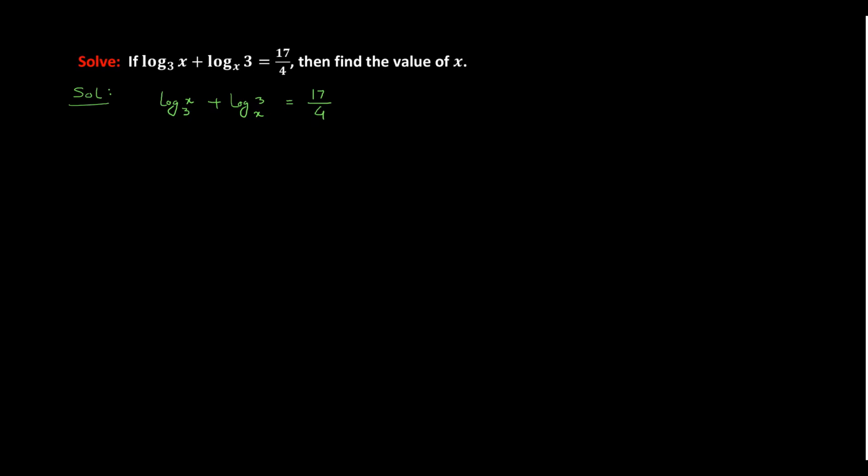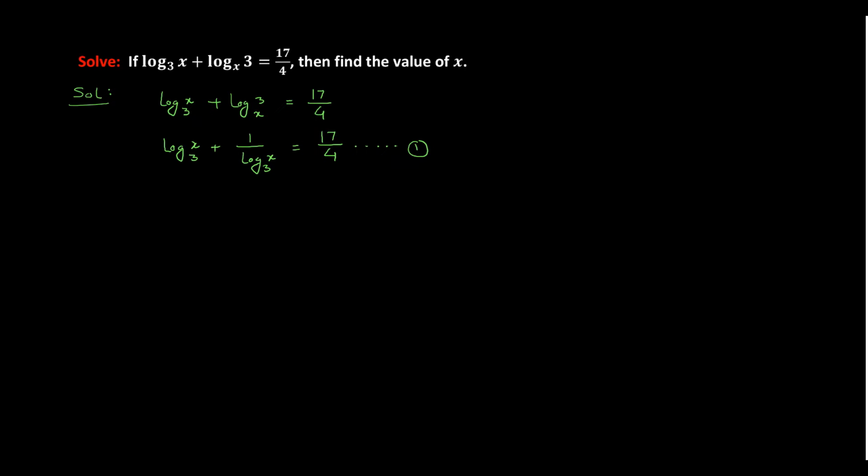By changing these two, we can also write it as log x to the base 3 plus 1 divided by log x to the base 3 equal to 17/4. So we can say, let's say this is equation number 1. I hope it is clear.